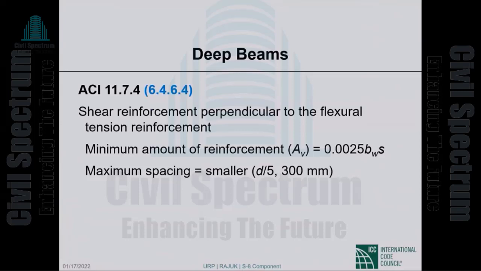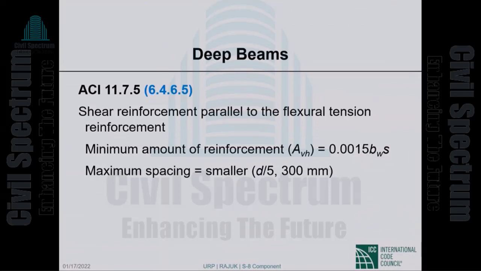Minimum amount, this is the vertical steel, is 0.0025 b sub w s, so one quarter of a percent. Maximum spacing is d over 5 or 300 millimeters. So these are the minimum on the vertical shear reinforcement perpendicular to the flexural tension reinforcement.